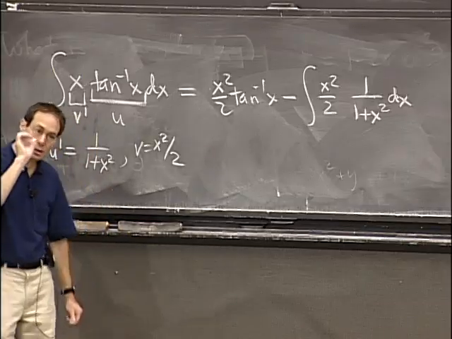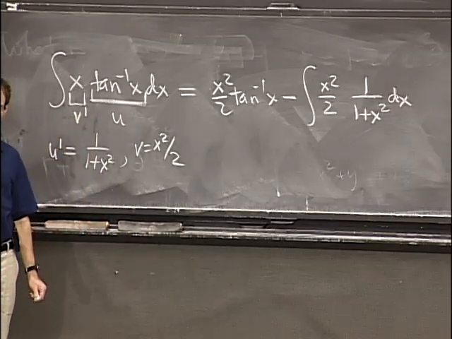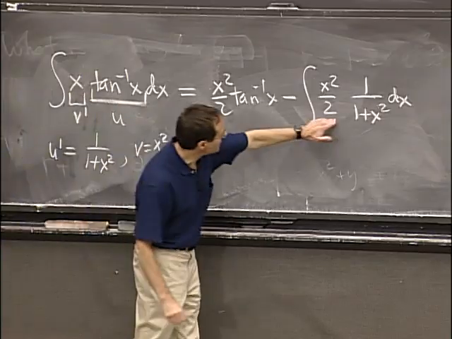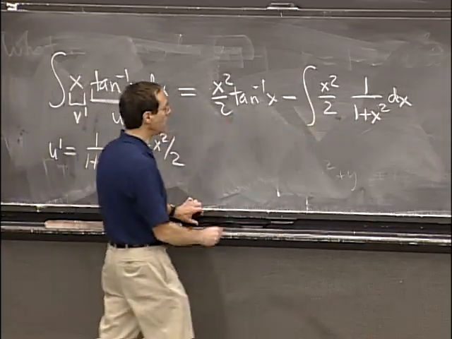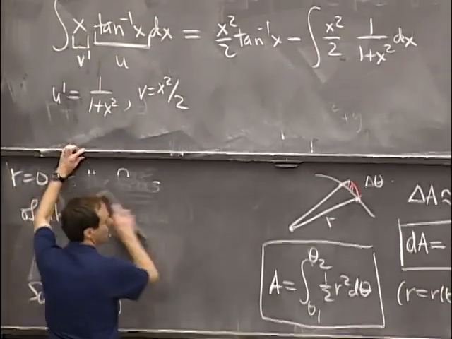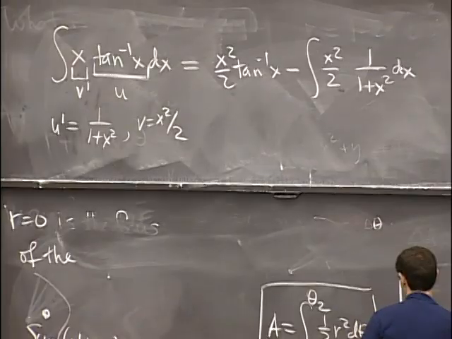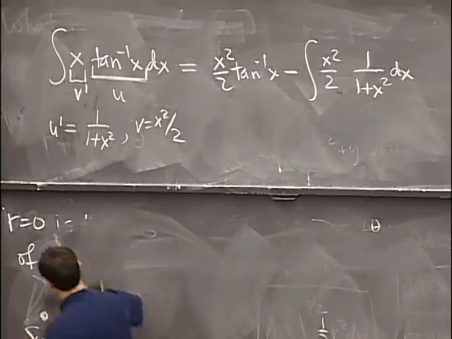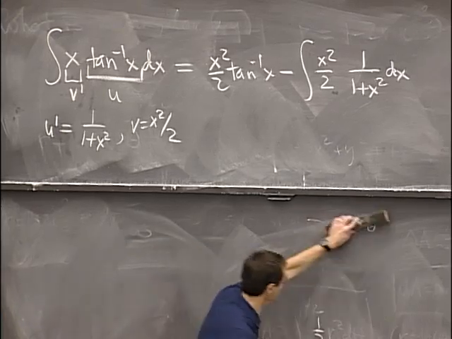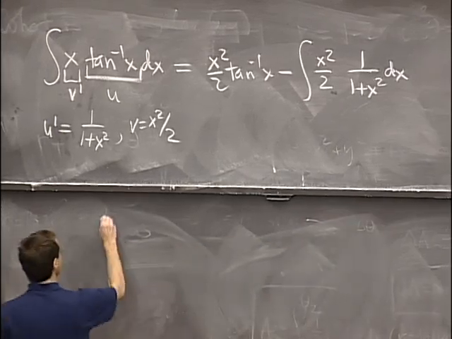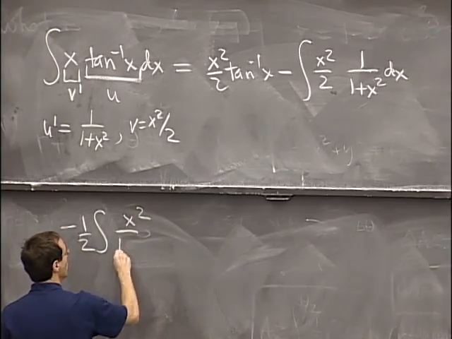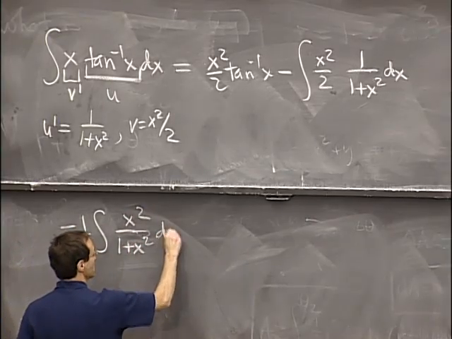You're still in slightly hot water. You're in tepid water anyway. So what is it that you have to do here? You're faced with this integral, which is a lot simpler than the other one, but you're not quite out of the woods. You're faced with the integral of a half x squared over 1 plus x squared dx.